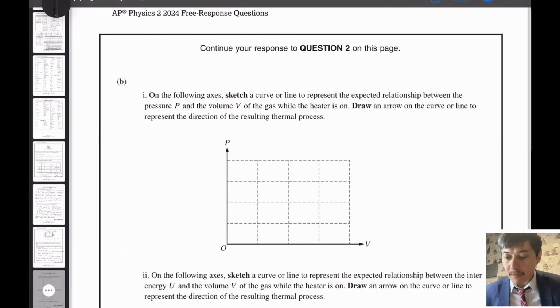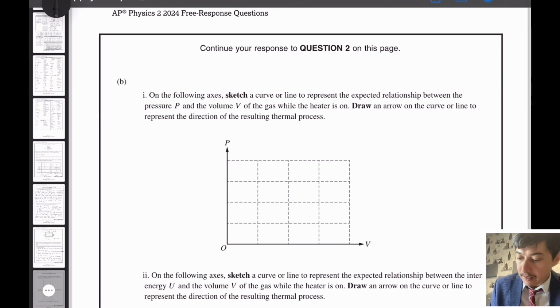Part B. On the following axis, sketch a curve or line to represent the expected relationship between the pressure and the volume of the gas while the heater is on. Draw an arrow on the curve or line to represent the direction of the resulting thermal process. Now, because the container is rigid, the volume does not change at all during the process. But at the beginning, when the gas was cold, the pressure was low, and as the temperature increased, the pressure also increased.